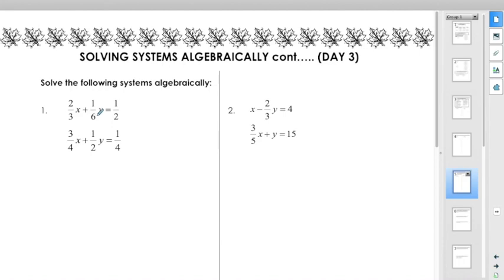Right? 2 times 3 gets me 6. 3 times 2 gets me 6. So I'm going to multiply all of these things by 6, okay? So let's go ahead and do that.